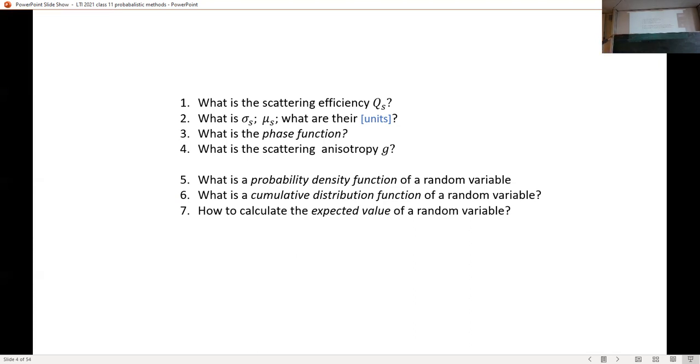What you're saying is right, because if these were vectors and the length of the vector would indicate how much light is scattered, then the projection of this vector onto the incoming axis would be exactly cosine of theta.